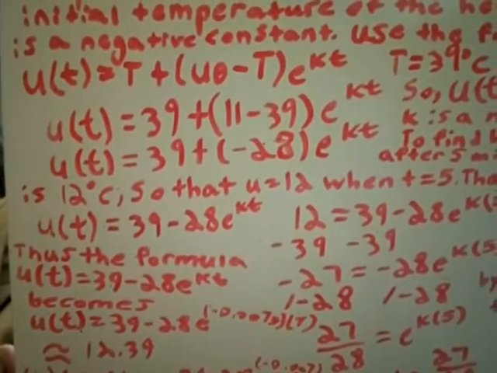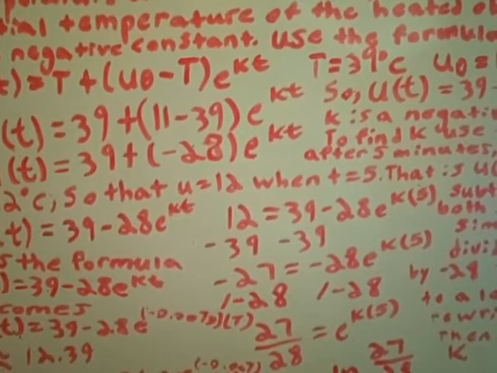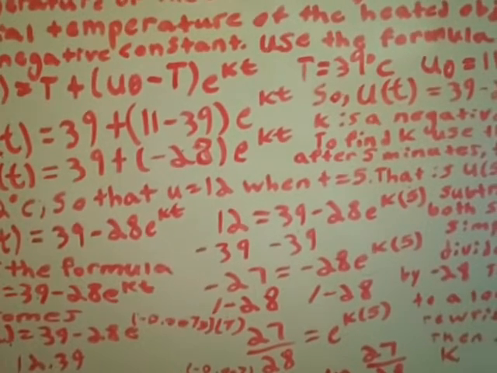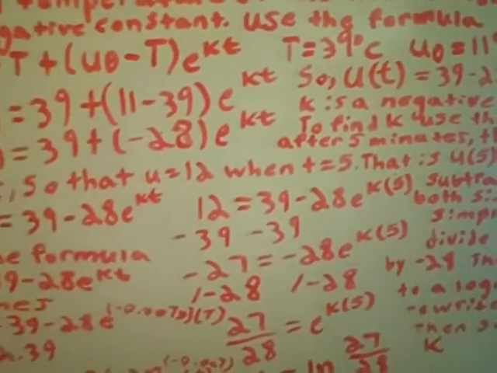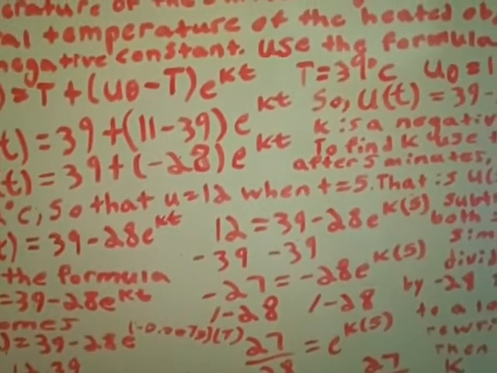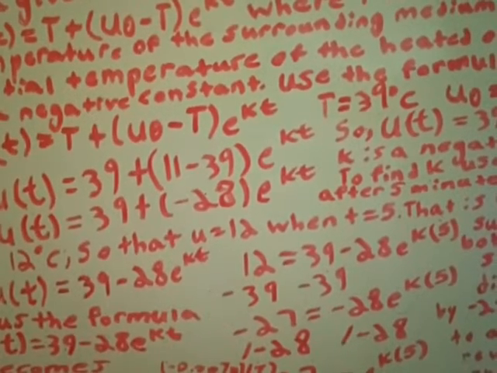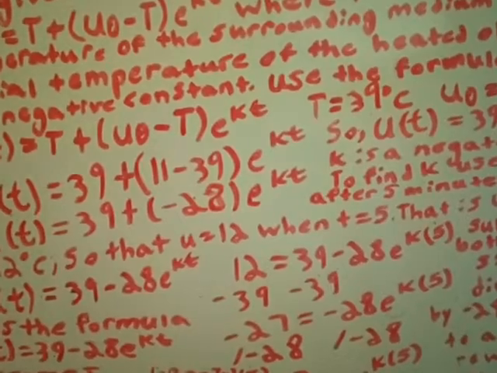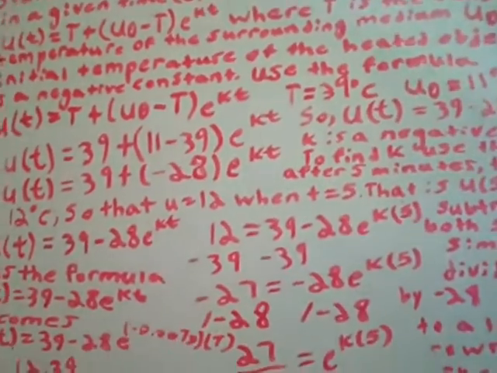Now I'm going to try to get k by itself, so I'm going to start plugging in values for the little t, time, and for U(t), the temperature after a certain number of minutes, because they already gave me some variables to plug in.